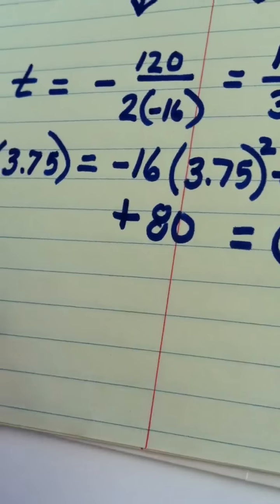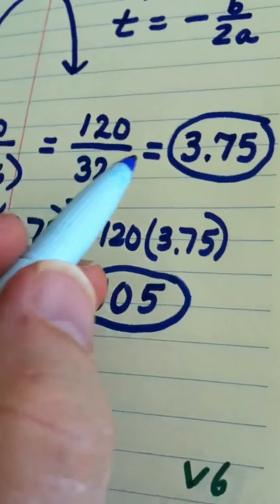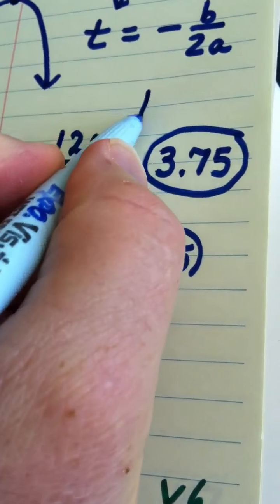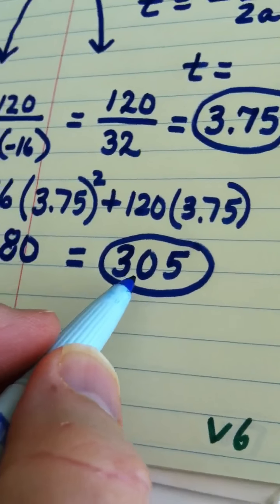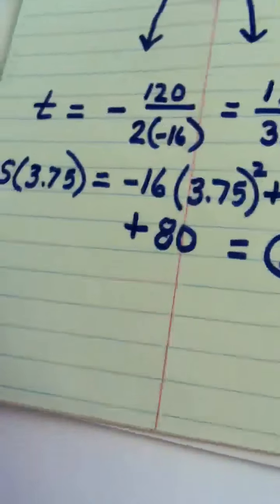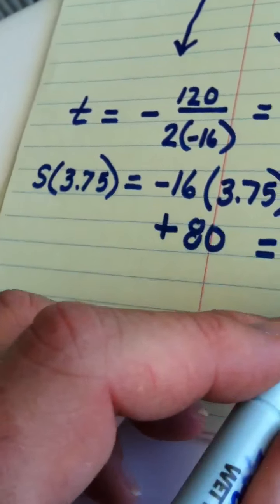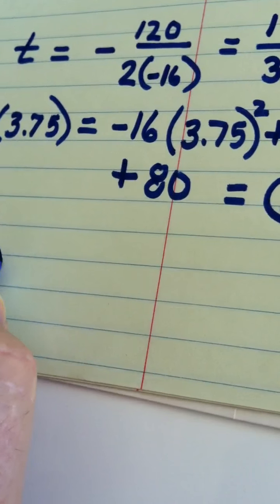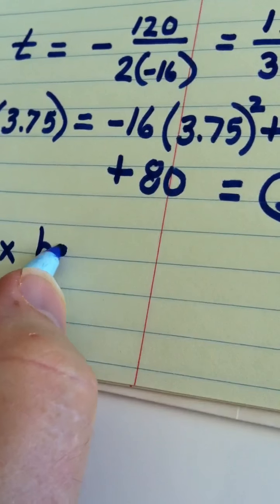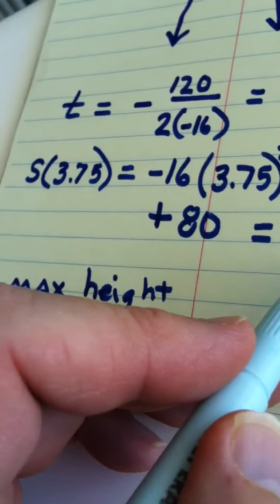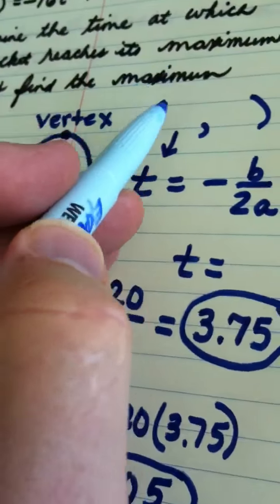So, 3.75 is the value for t. That was the input. 305 is the output. That's s of t. So here's what I know. The maximum height is the output. Remember, input is time.